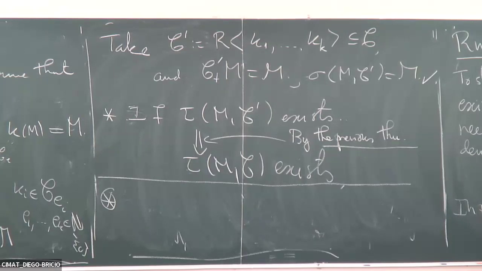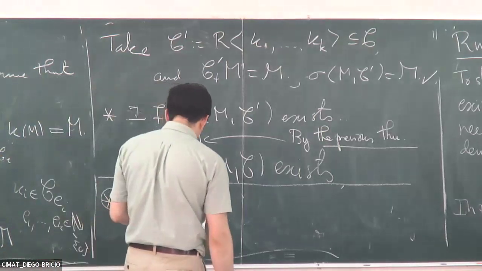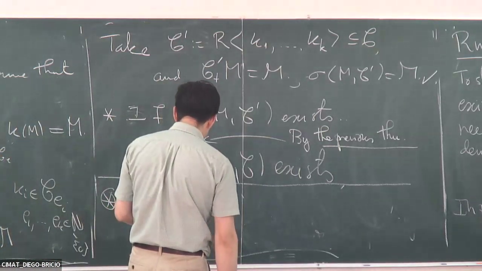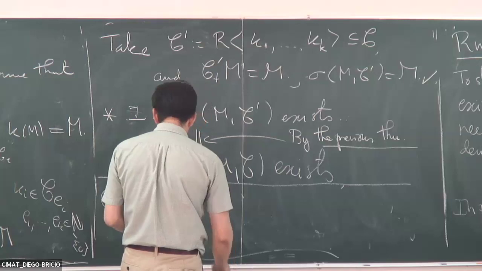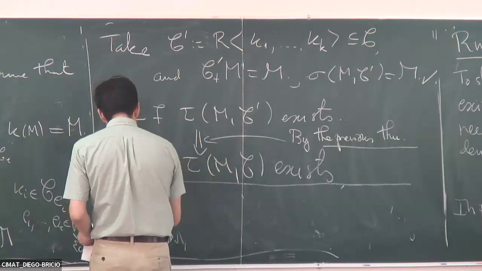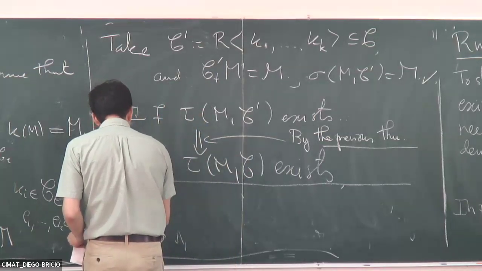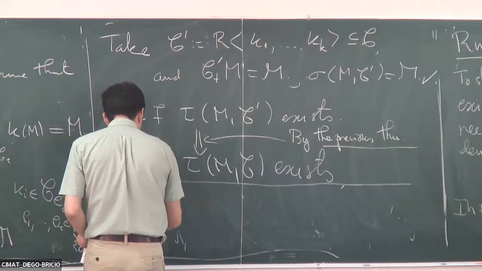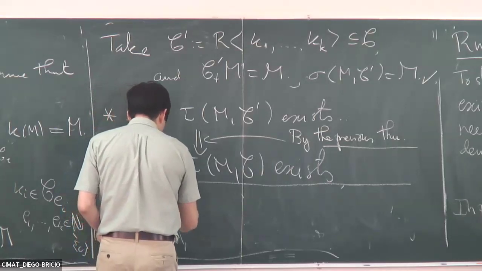I think the logic is like, okay, if this exists, then this one exists, and moreover, it can be computed by the test module with respect to a finitely generated algebra. And so how does that work? Well, it exists, and by the theorem, we know how to compute it.